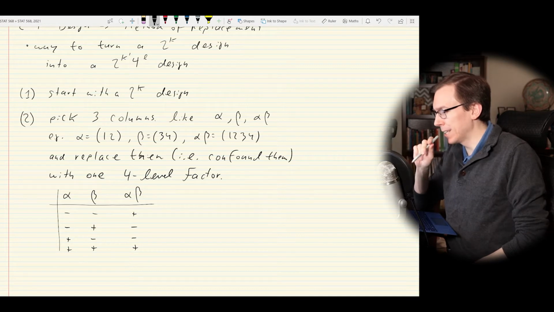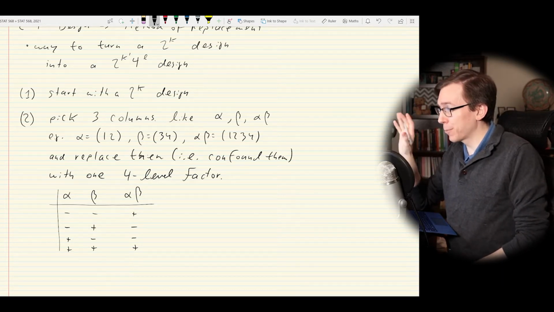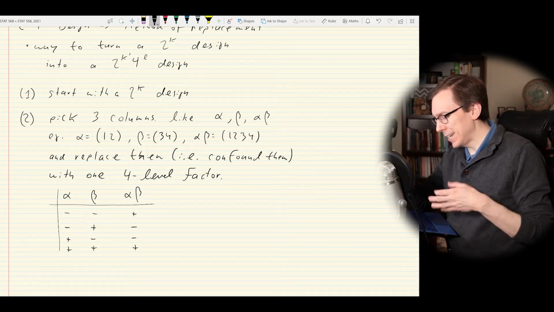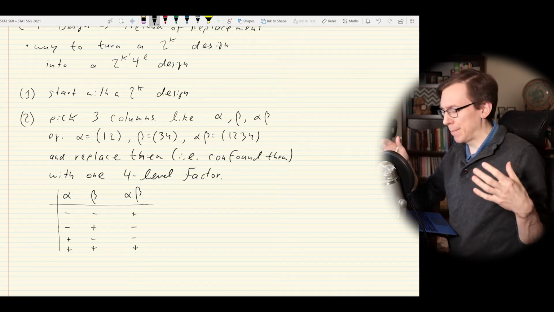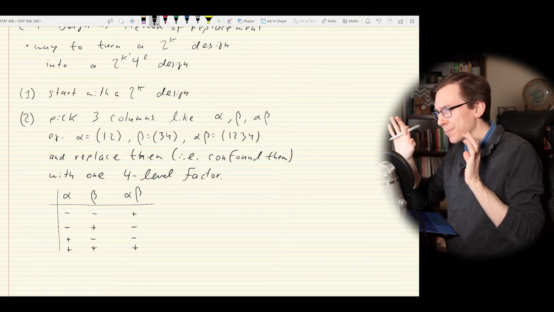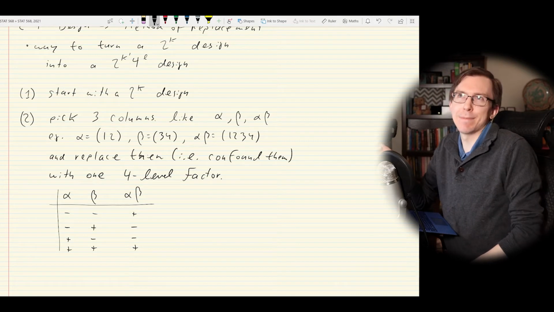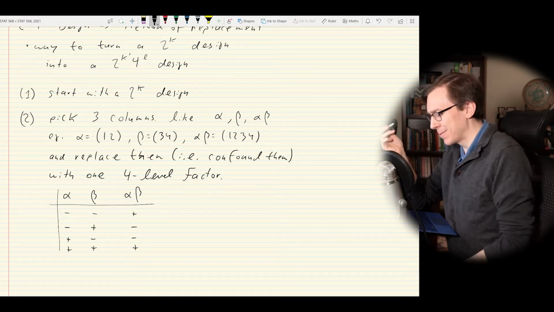In my online notes, if you're reading those, I did it more like binary arithmetic. So minus minus gave me a minus, whereas here I want to do it like multiplication to stick with what we were talking about earlier. So minus times minus is a plus. But it doesn't really matter as long as you're consistent in the way you define it, because plus and minus are arbitrary symbols that just correspond to our 2 different factor levels, right?